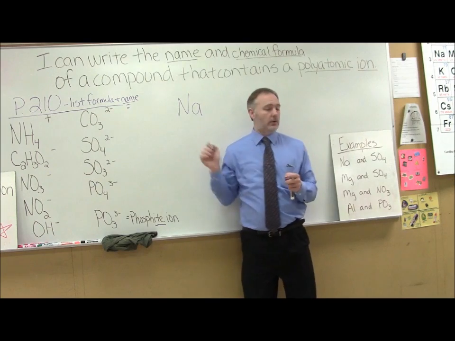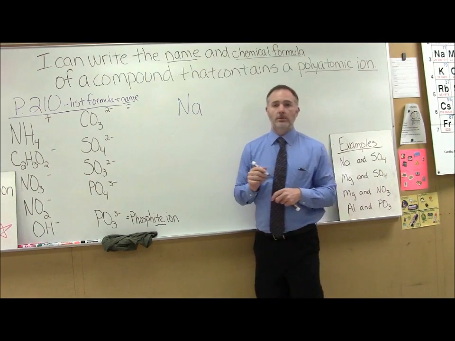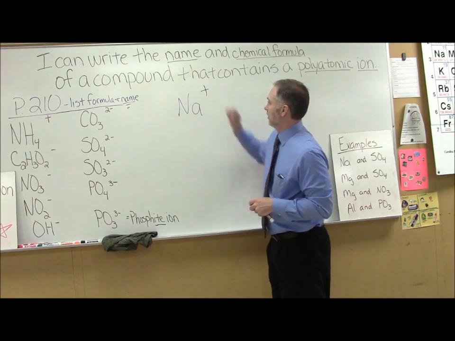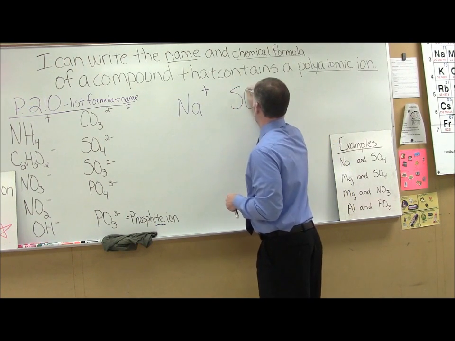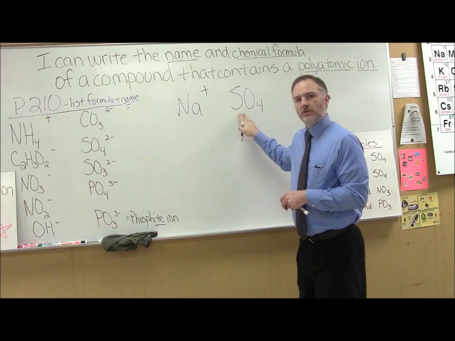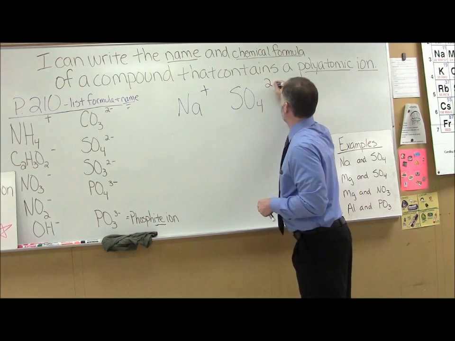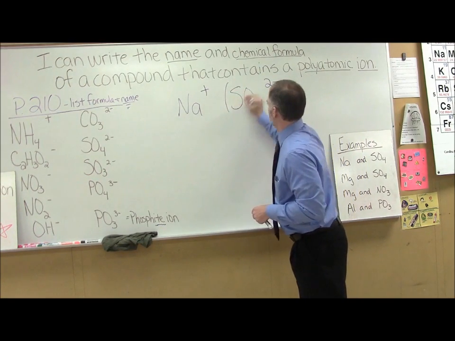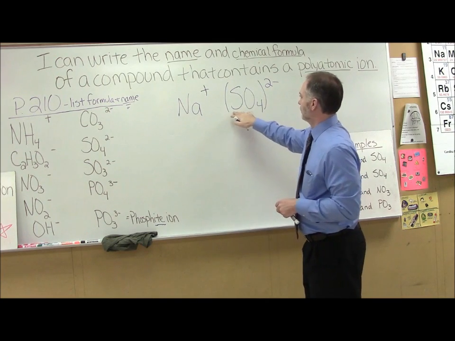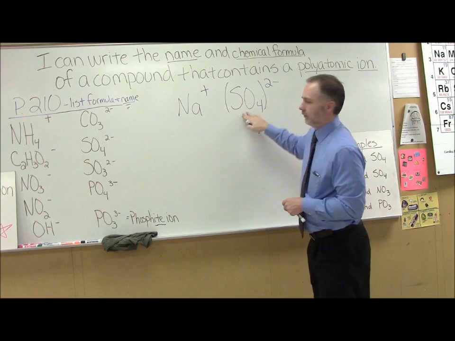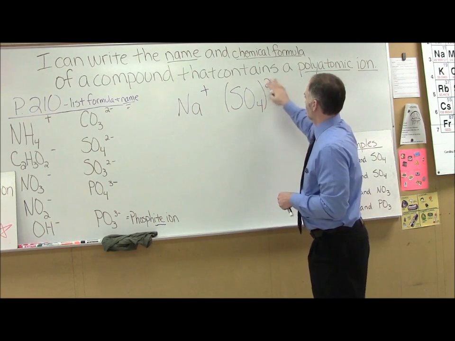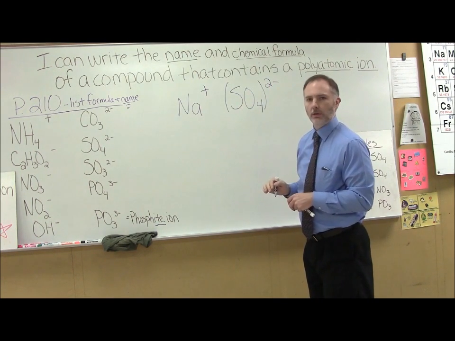Sodium, if you look on your periodic table, you should be able to get that its charge is +1. Sulfate's charge, the whole thing, is -2. I want you to put parentheses around the whole SO4 and then have your -2 outside of it, because the -2 applies to the whole thing.